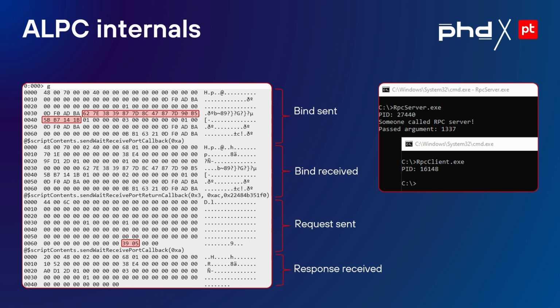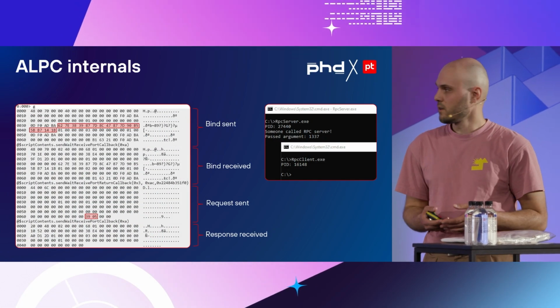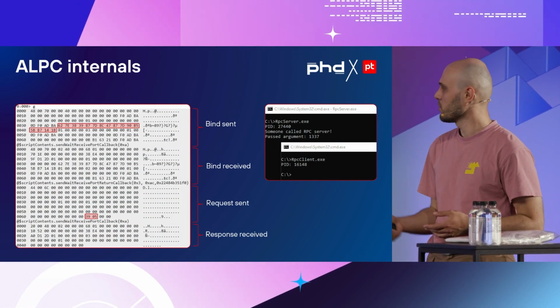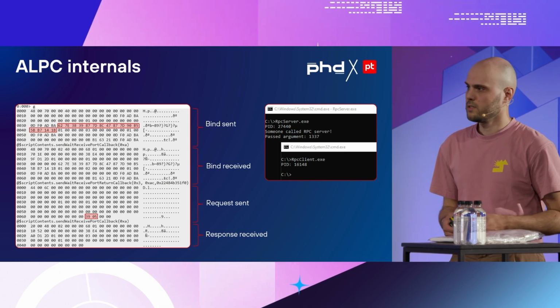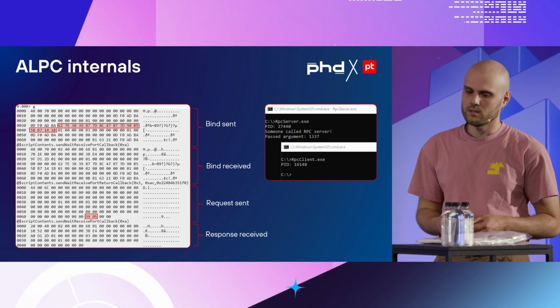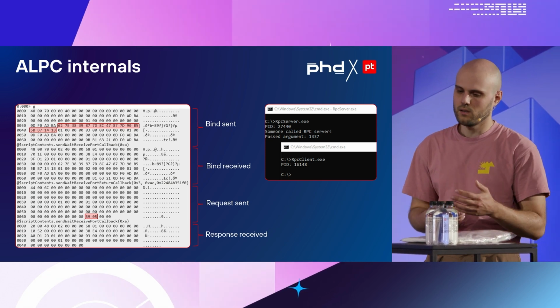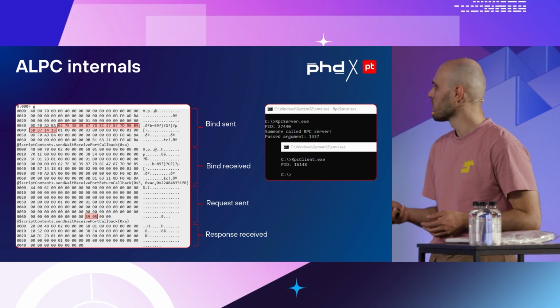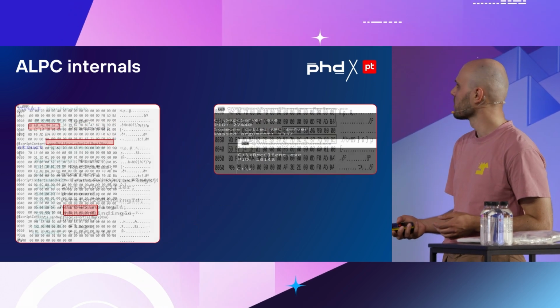So you can see that for one RPC request, there are 4 ALPC packages. The first package, that is bind, is necessary to get a connection between the client and the RPC server.